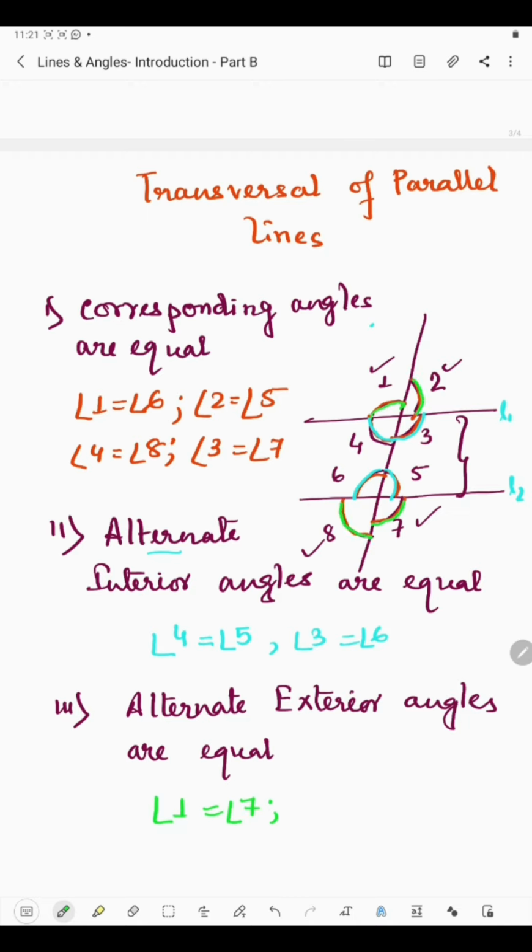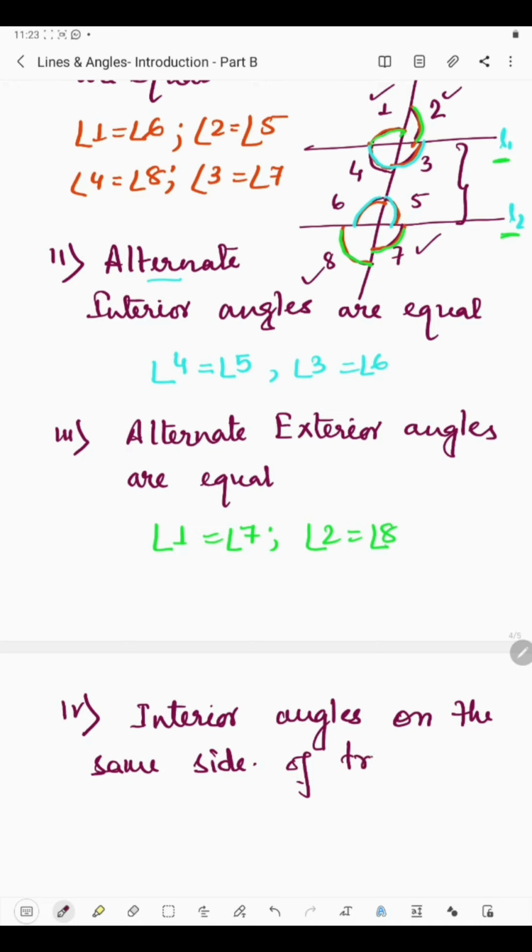And the last property of parallel lines is, if a transversal line cuts the parallel lines, then interior angles on the same side of transversal are supplementary.